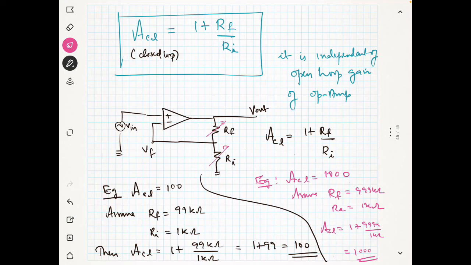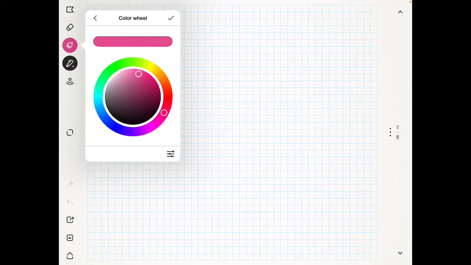If you change Rf and Ri, you see here that with this possibility we can control the gain of the amplifier. So what I am going to say is that this is the non-inverting amplifier.